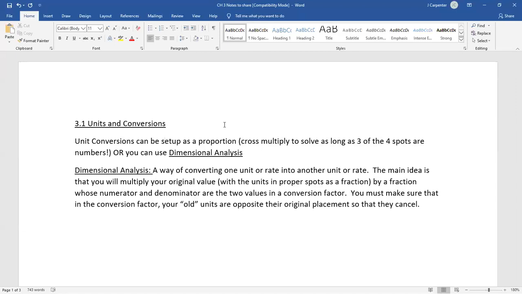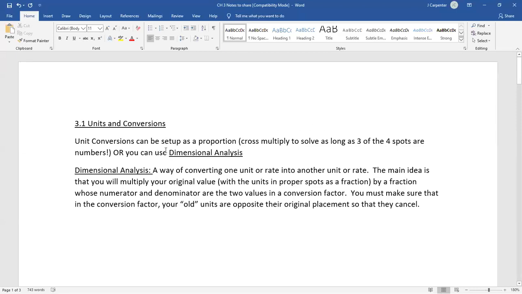Those are conversion factors. And those would be numbers that get placed on one side of the proportion, on one side of the fraction. The other side, you would just put whatever number you have in there. And we'll see examples, don't worry.